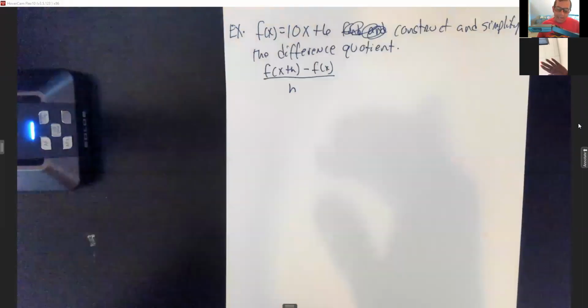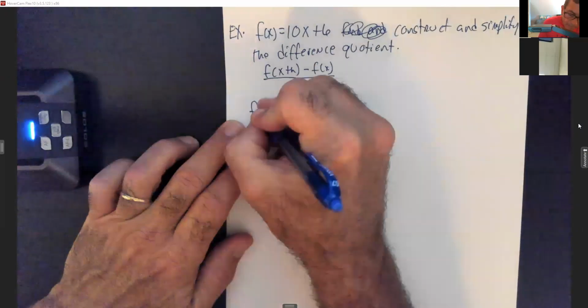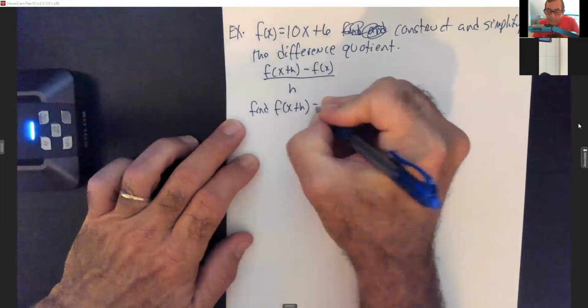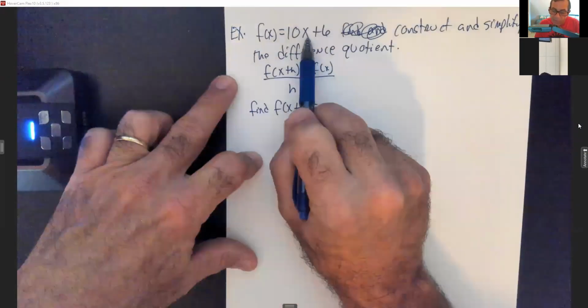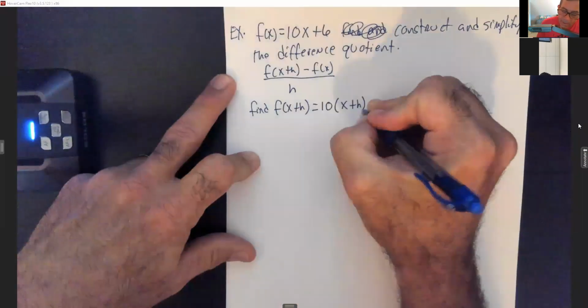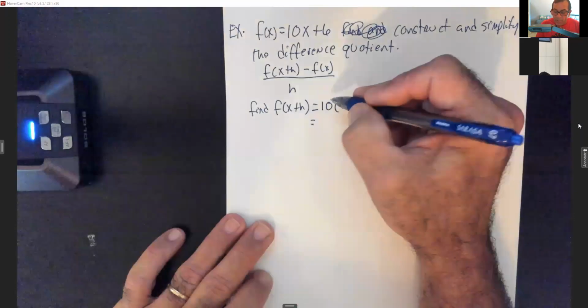So once again, the first thing I want to do is find f of x plus h. So that's going to take this f of x and replace that x with an x plus h. So I'll have 10 times x plus h plus 6. And y'all, once again, I'm going to distribute to get rid of parentheses.